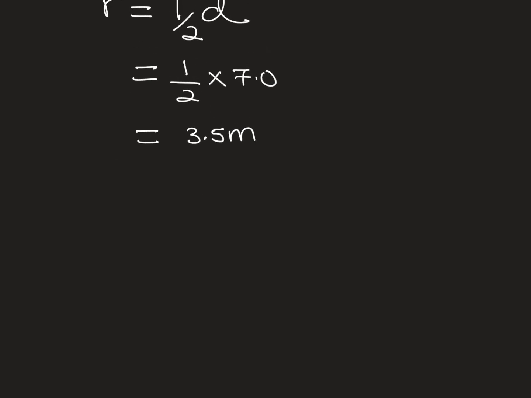So the angular velocity omega is 3 revolutions per second, and we want to convert it to radians per second. So time is already in the unit that we want, it is in seconds, but the angular displacement is what we have to change from revolutions to radians.